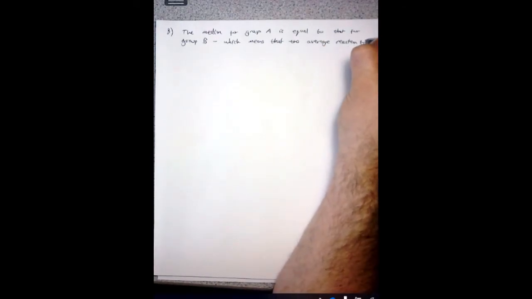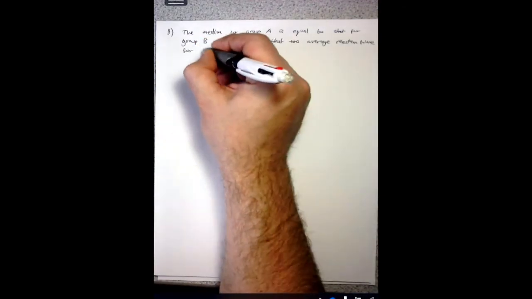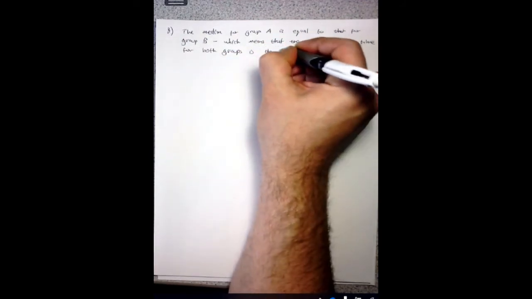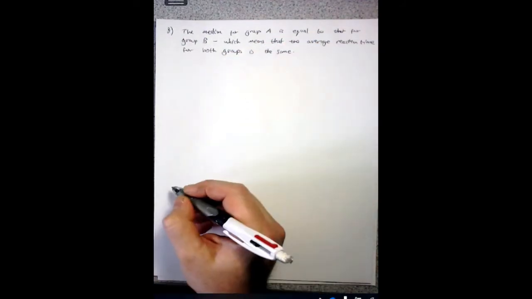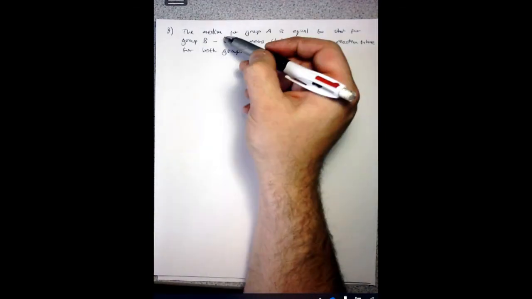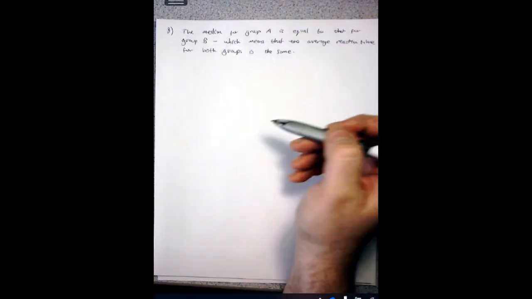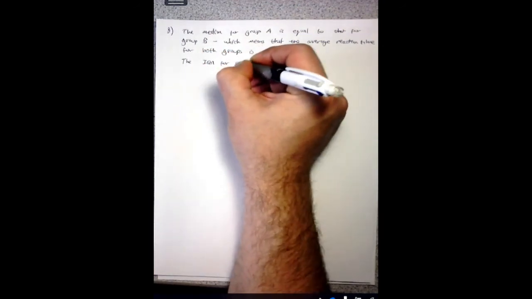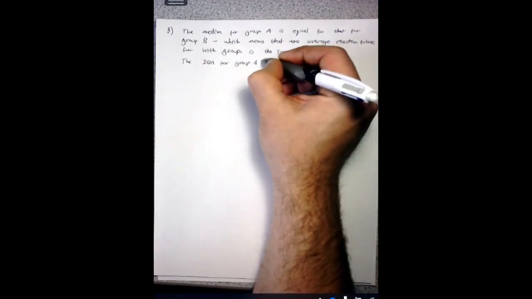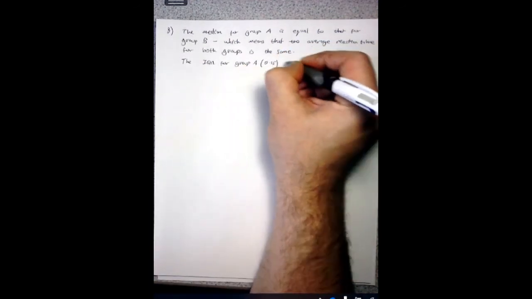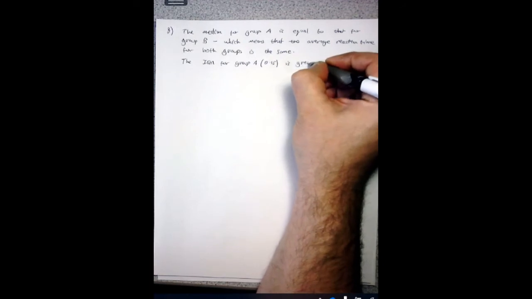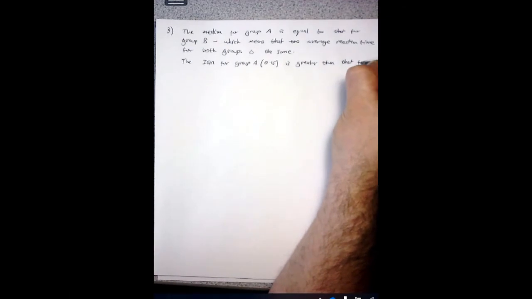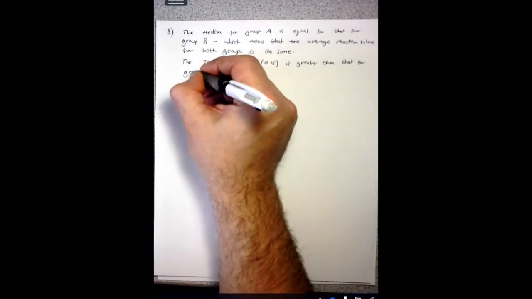The interquartile range for group A, that's 0.15, is greater than that for group B, that's 0.9. Remember, if you quote these, they need to be correct. And a greater interquartile range, which means that, now in the past I've written that this data would be less consistent.